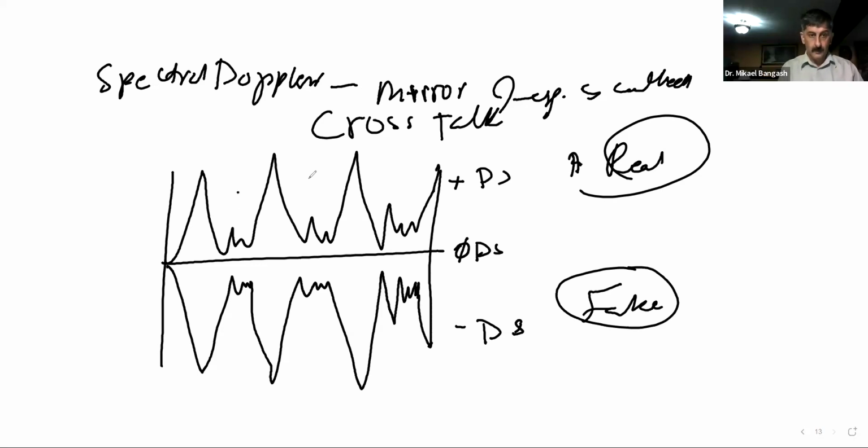This positive here is going to be a mirror image, or what we actually call a crosstalk. What we call crosstalk in spectral Doppler is just what we call mirror image in color Doppler.